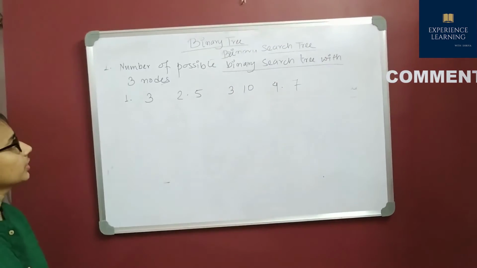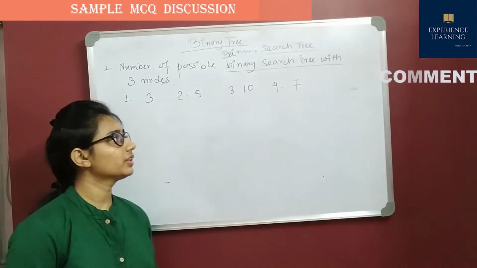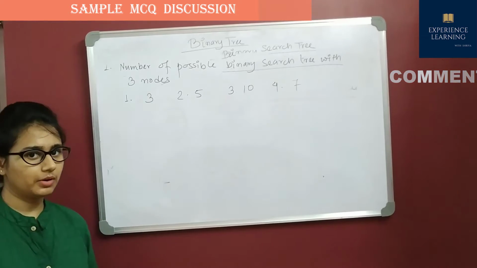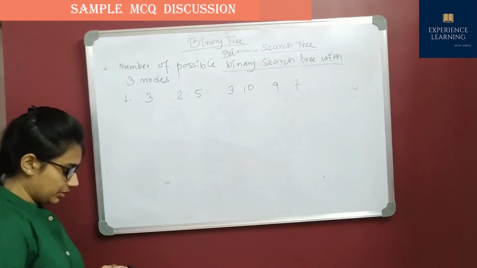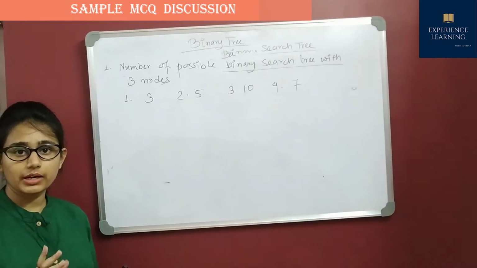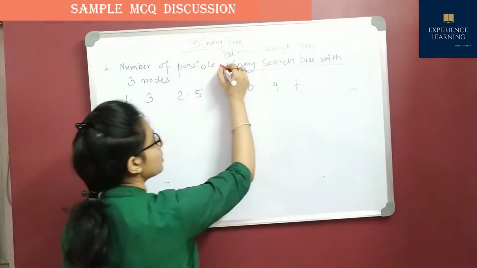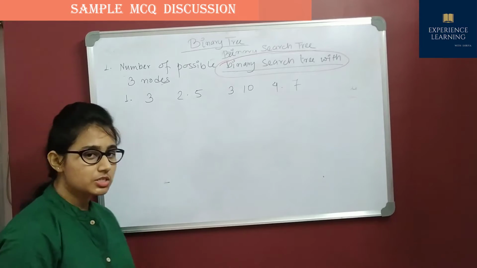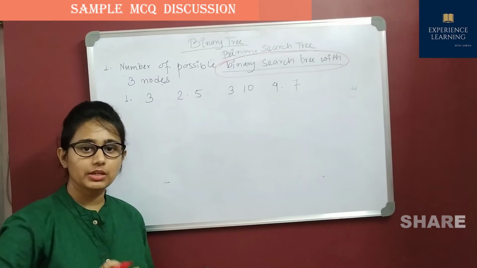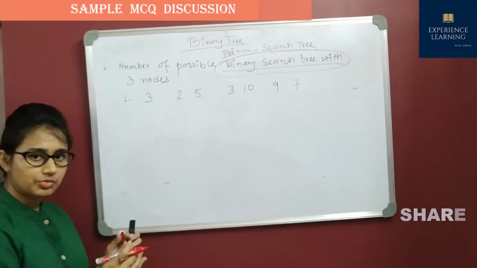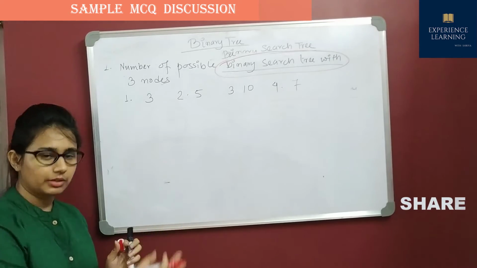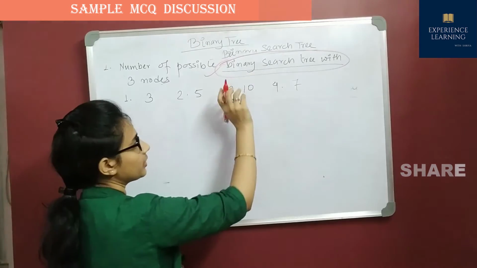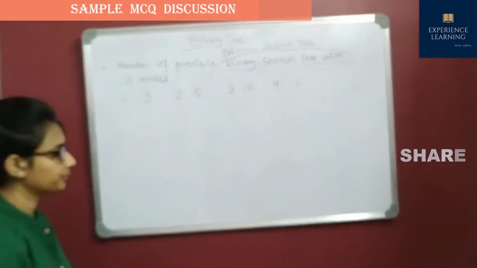The question is: given the number of possible binary search trees with 3 nodes. If you get this kind of question, please see this part. Whether it is a binary search tree or a binary tree, if it is a binary tree, it can be labeled or unlabeled. Now I am going to discuss the first one, if it is a binary search tree.